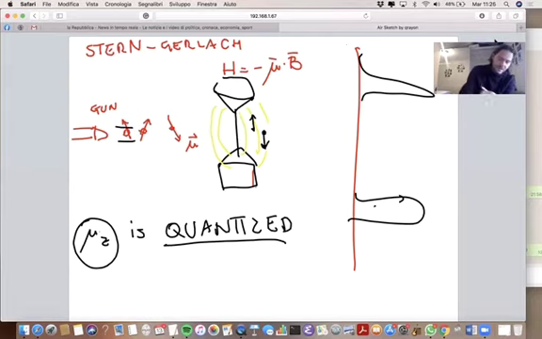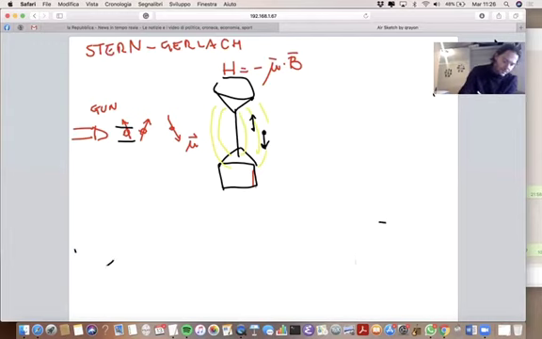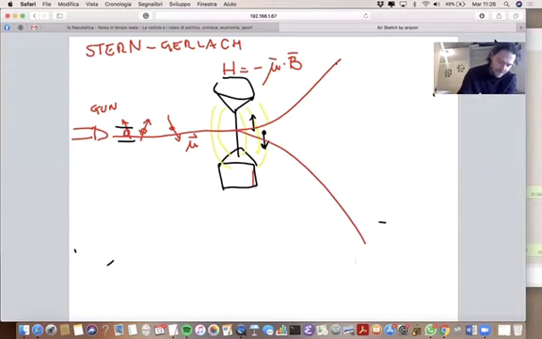Now, suppose we use this device to filter out two beams: this is my original beam, filtered by this into two beams. This is the beam where the magnetic moments are up, and this is the beam where the magnetic moment is down.